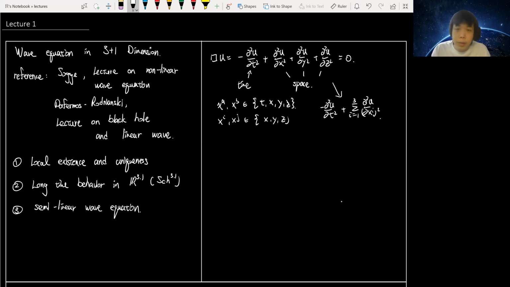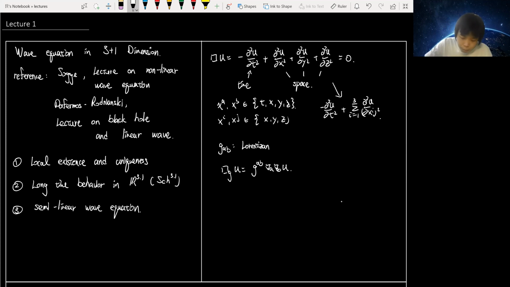And in general, as long as we have a Lorentzian metric, then we can form the corresponding wave operator. That is g^{ab} gradient_a gradient_b of u, so the trace of the Hessian.